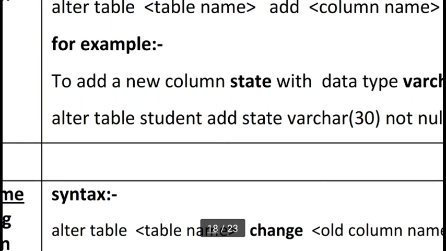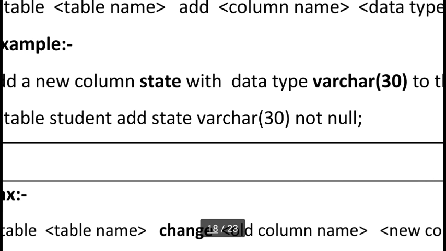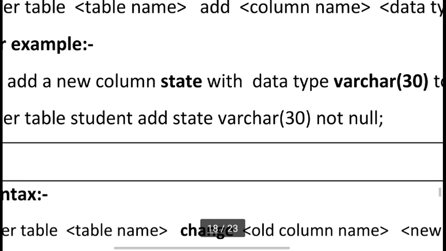So we use ALTER TABLE student ADD state VARCHAR 30, and the rule is we must input the state of every new student, we cannot leave it blank, so NOT NULL, and a semicolon.